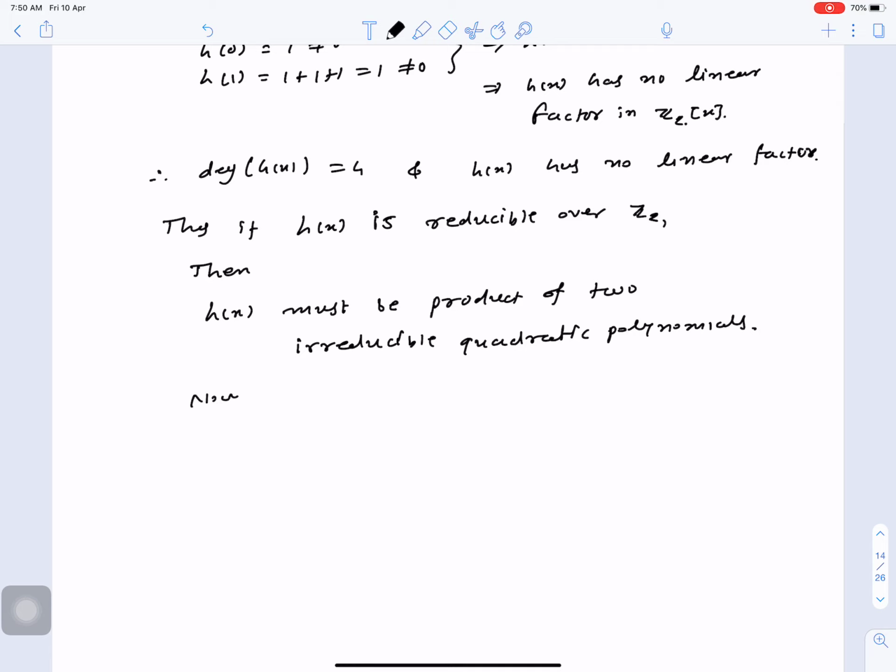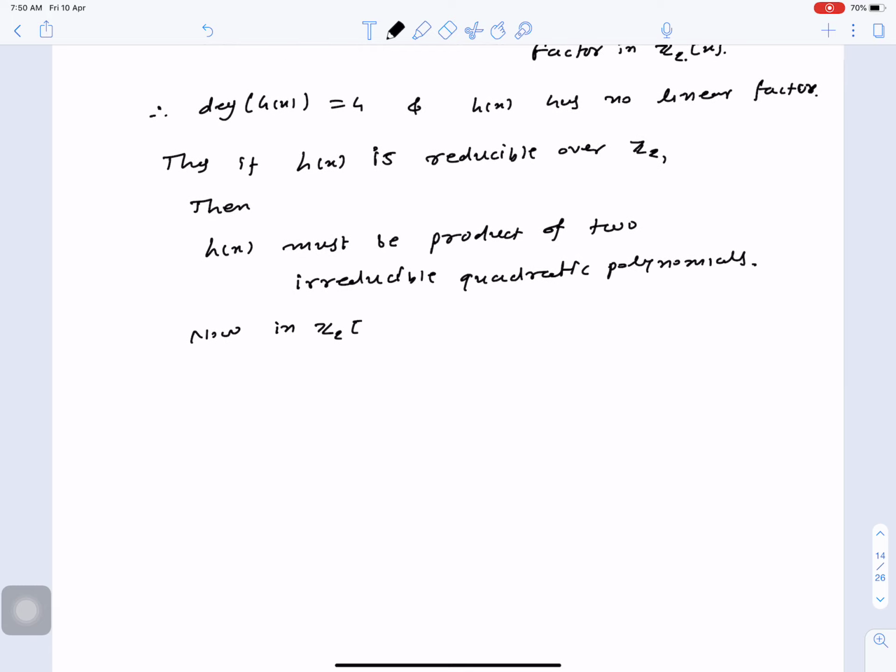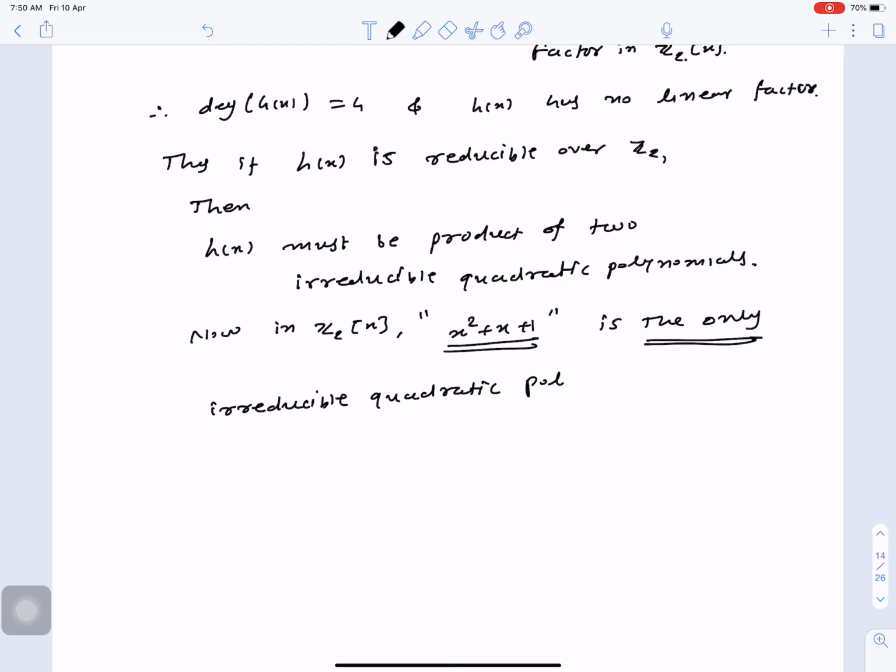Now in Z2, x square plus x plus 1 is the only irreducible quadratic polynomial.